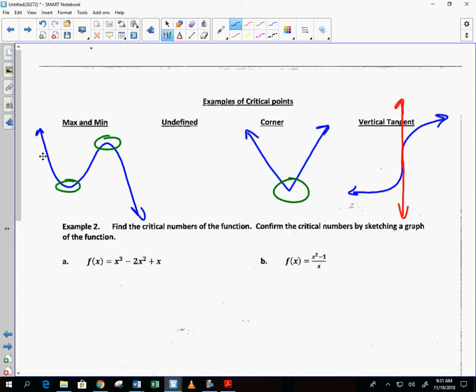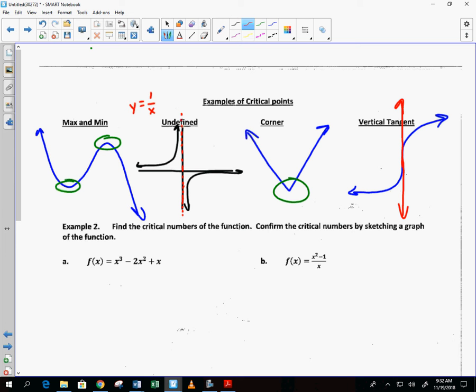This last one, I want you to be careful with it because it's going to try to clarify any points of confusion we have about critical numbers. This is the reciprocal function y is equal to 1 over x.